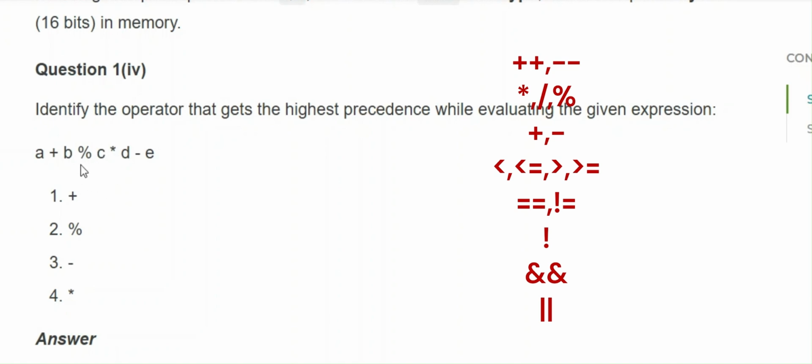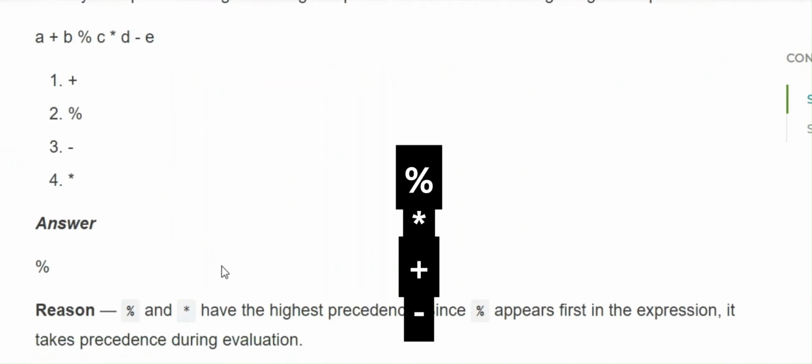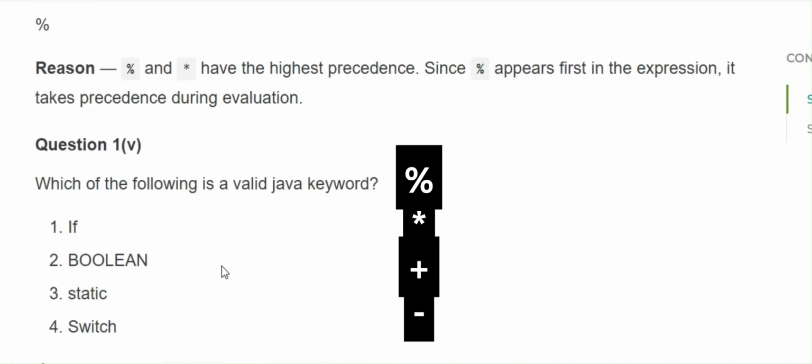Multiplication, division, and modulus all have the same level of precedence. They are evaluated from left to right when they appear in the same expression. Among the given options, the highest precedence is for modulus. Thus, the correct answer is modulus. So this is your first modulus, then product, then plus, then minus.